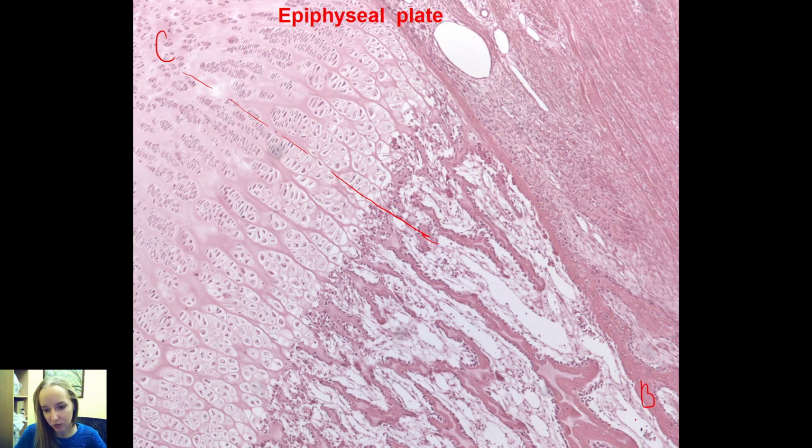You can see the difference between bone and cartilage right here. Cartilage is less eosinophilic, a lighter pink than the bone, and we can see these isogenous groups that are here. We're not able to see that in the bone, so it sometimes makes a problem for students to recognize bone and cartilage, but don't worry, you will get there.